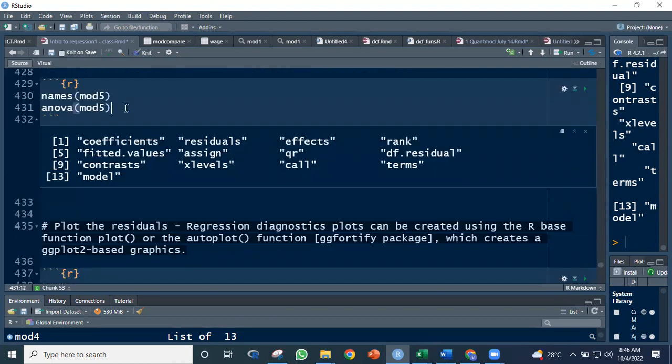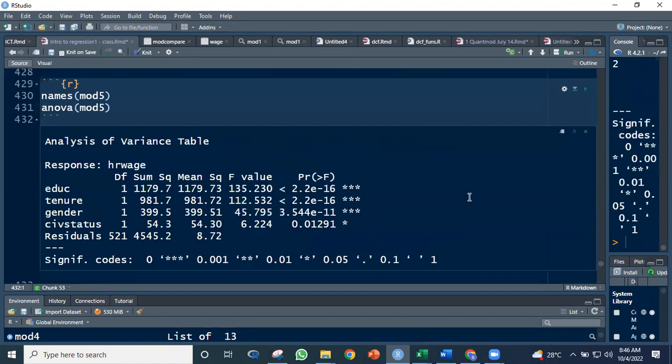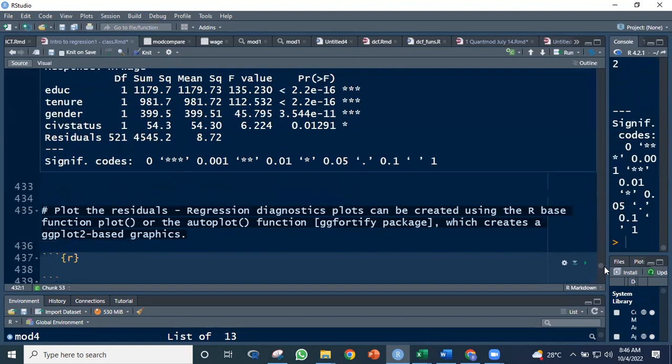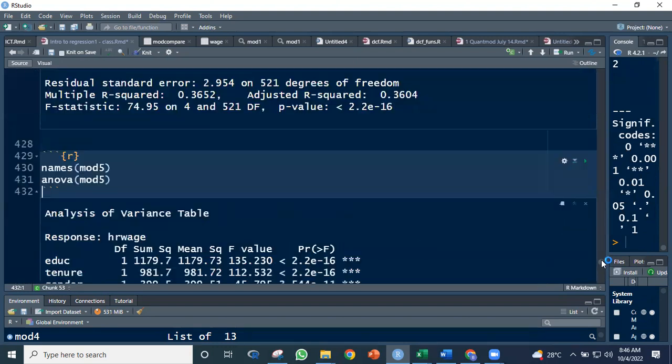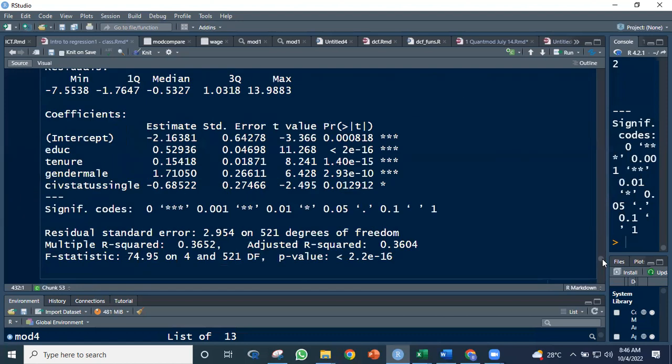So let's get ANOVA. All right. Sorry, that's not it. Okay, my mistake, so our analysis of variance was given in the summary. It's this one. Okay, I was looking at the F-stat.